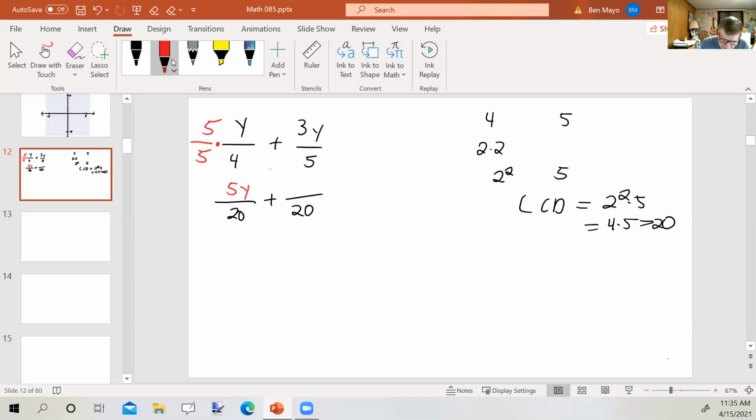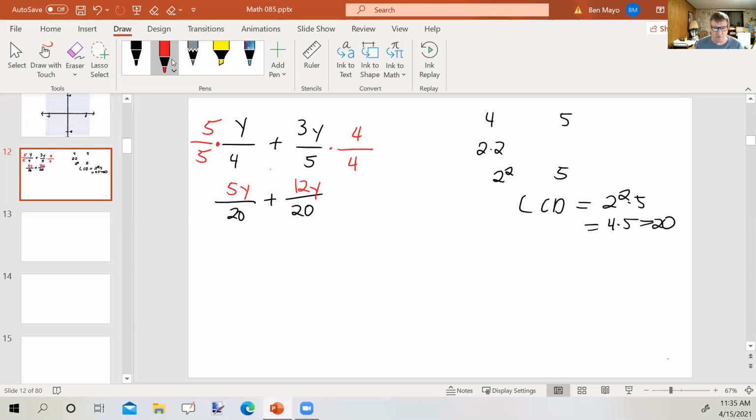Moving to the second fraction, we need to take the 5 in the denominator and multiply it by 4 to make a new denominator of 20. But whatever we do to the denominator of a fraction, we have to do to the numerator, which means our new numerator is 12y. So y over 4 builds up to 5y over 20, and 3y over 5 builds up to 12y over 20.